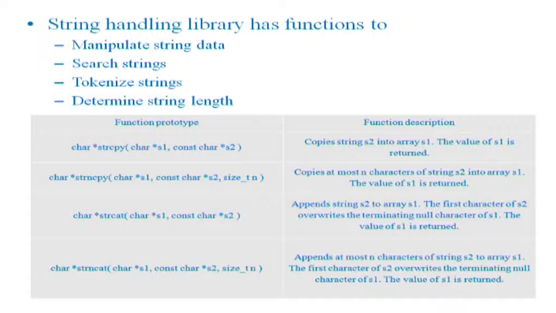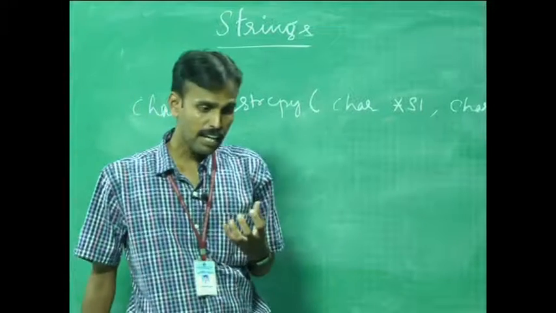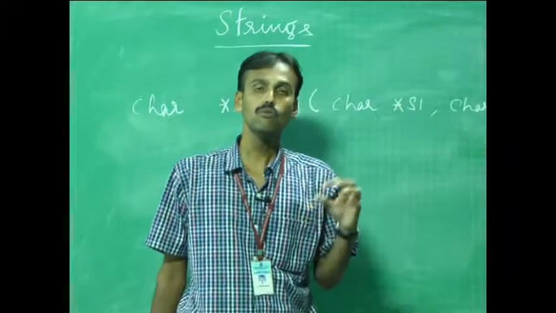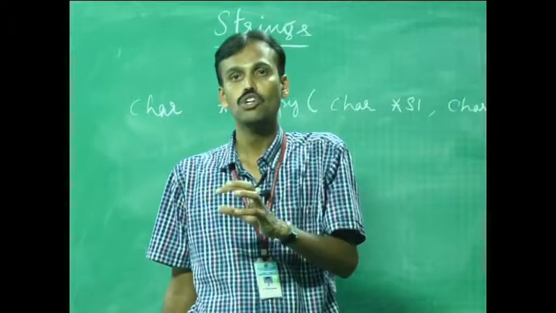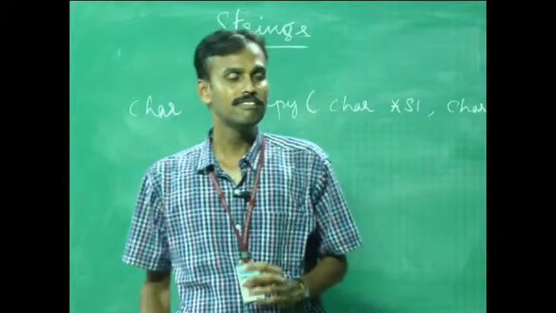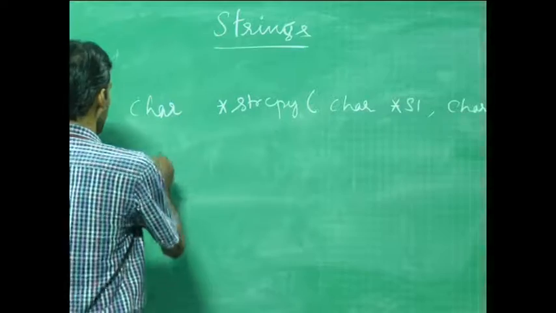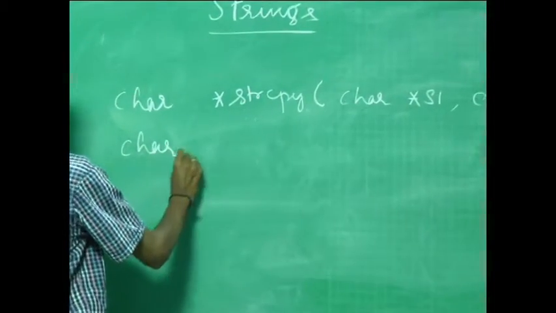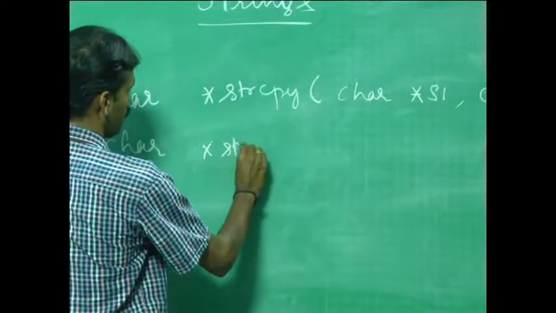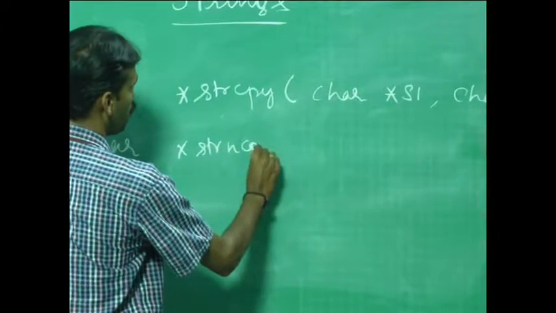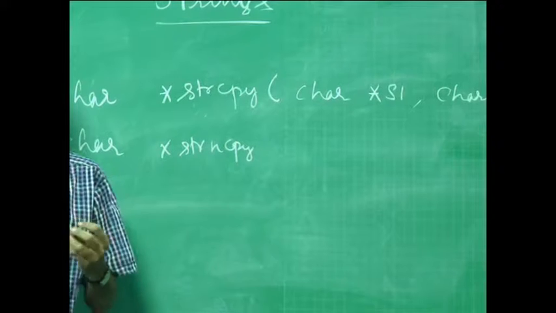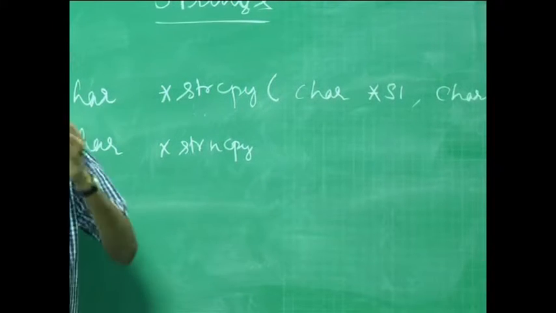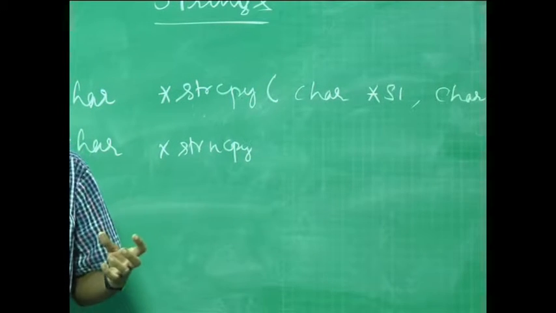So, it should be made sure that s1 is of size or length which is at least as large as s2. And then, is there any possibility to move only some n characters from the string s2 towards s1? Yes, C has provisions for it. The name of that function is strncpy, where n stands for the n characters that you try to move from the string s2 towards s1.